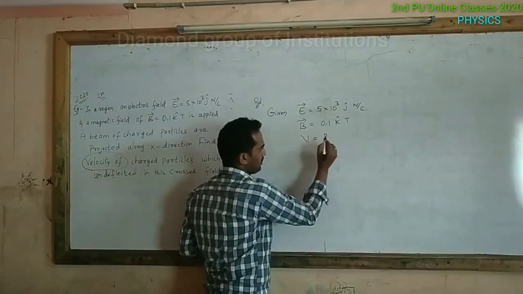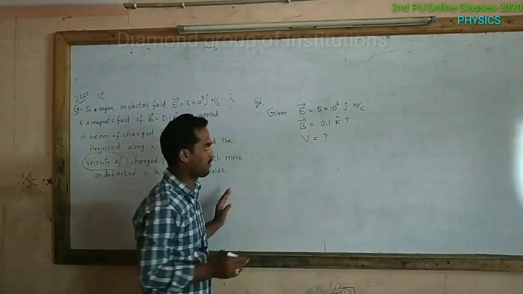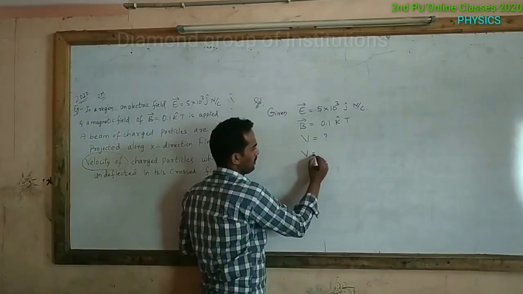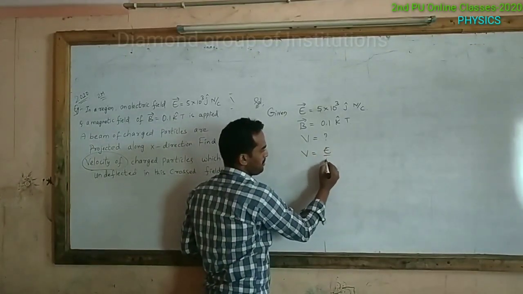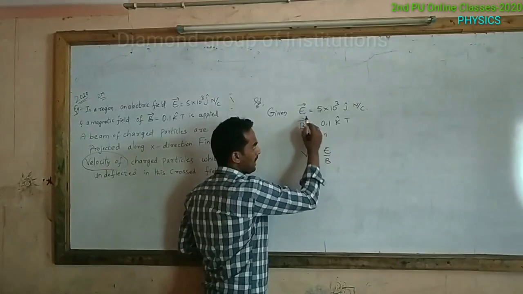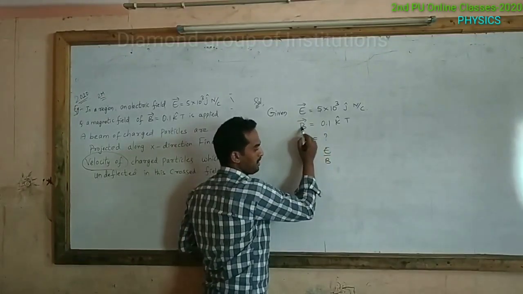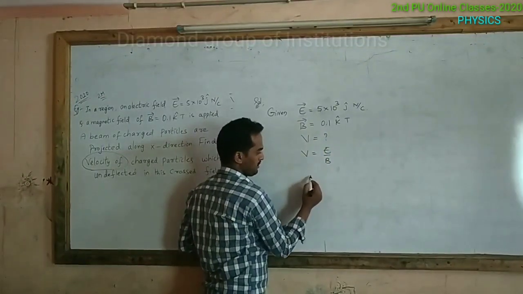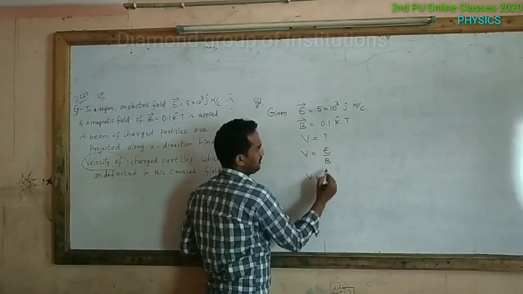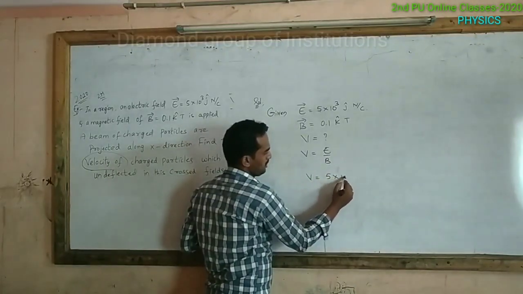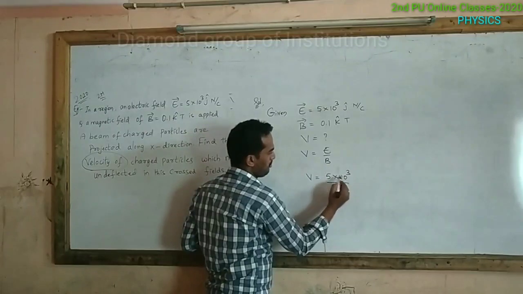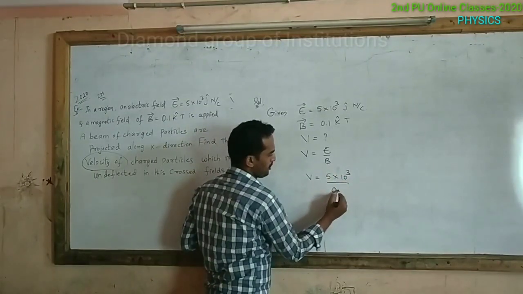So what is the velocity selector formula? V equal to E divided by B. What is E? Electric field. What is B? Magnetic field. What is V? Velocity. E is 5 into 10 to the power of 3 by B 0.1.